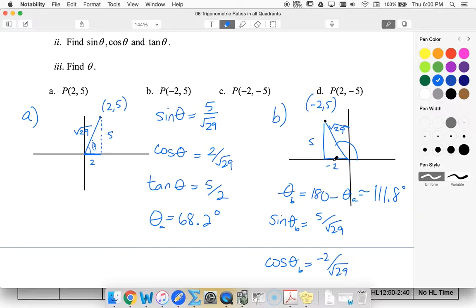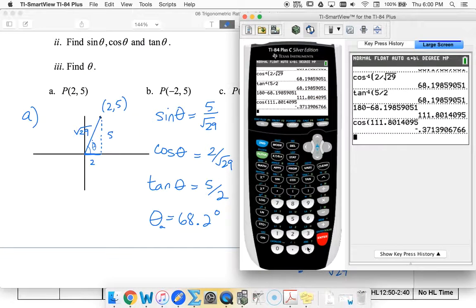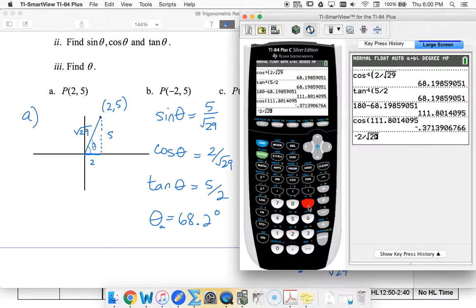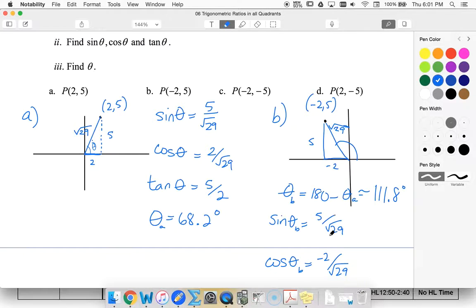My cosine value, my x value, is negative. Notice if we came up here and said cosine of that angle, and then I tried negative 2 divided by root 29, I get exactly the same ratio. My tan value, sine divided by cosine, negative 5 over 2.